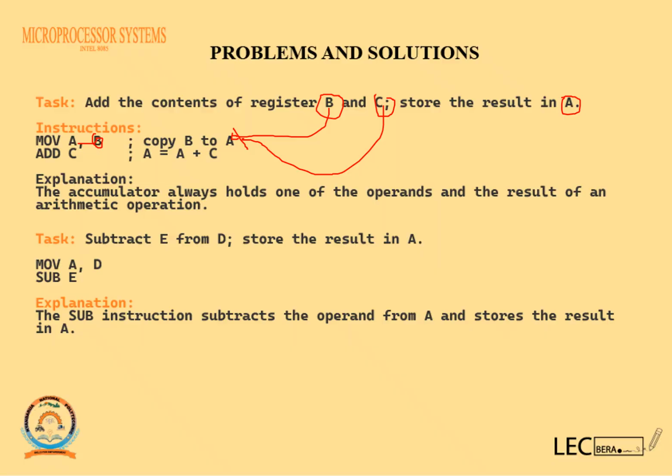A. So copy B to A, and then later on I add what? C. So what is going to be inside A is A plus C, where A held what we transferred from B earlier.